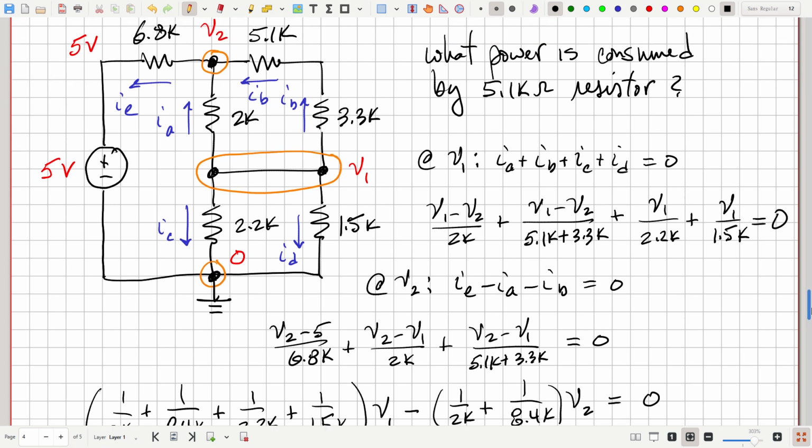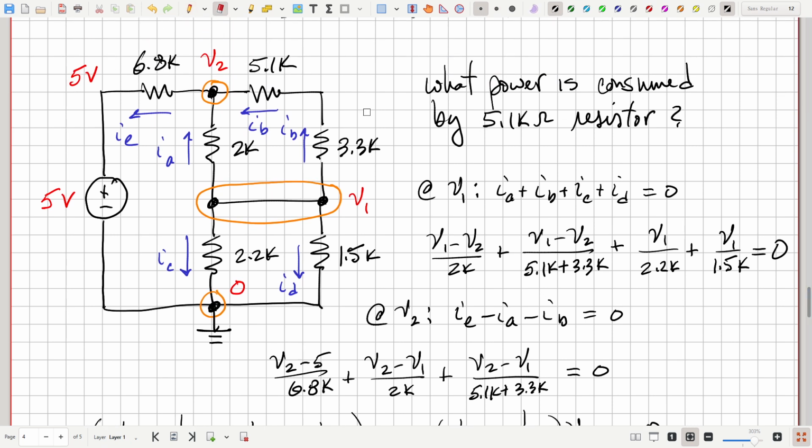Now with those voltages, we were originally asked, what is the power consumed by this resistor? So we need to get IB. And what is IB? Well, it's V1 minus V2 over 5.1K plus 3.3K.